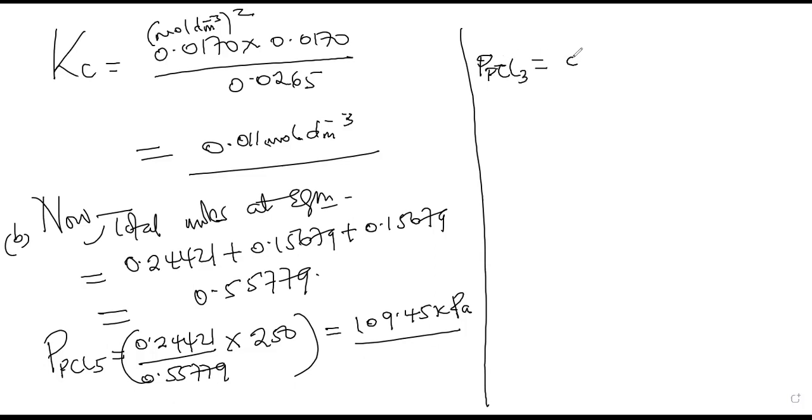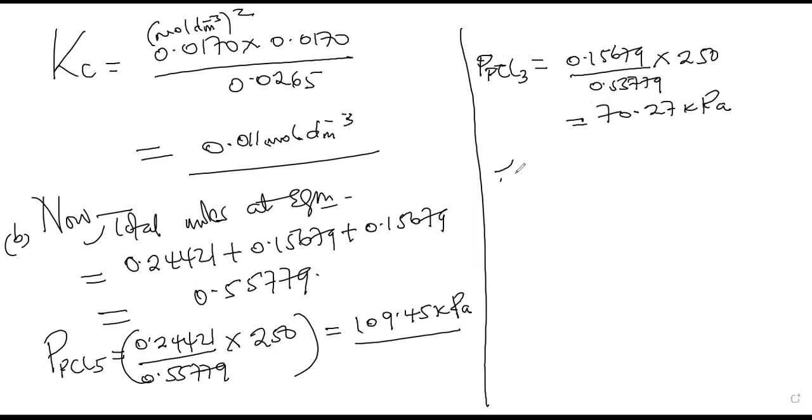That is one. Then as we get the partial pressure of phosphorus trichloride, it's going to be equal to moles of PCl3, 0.15679 over total moles 0.55779 times total 250. So this will give you 70.27 kilopascals.